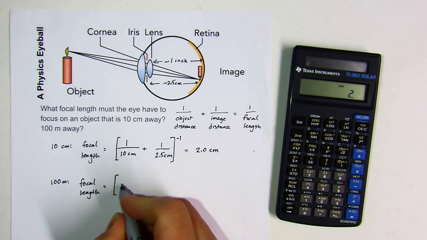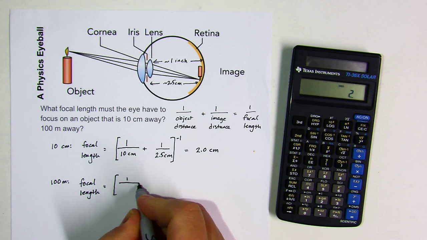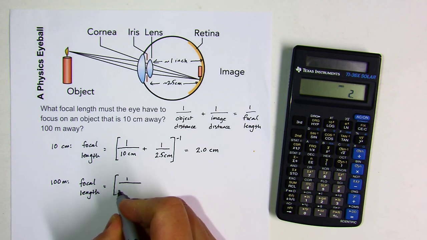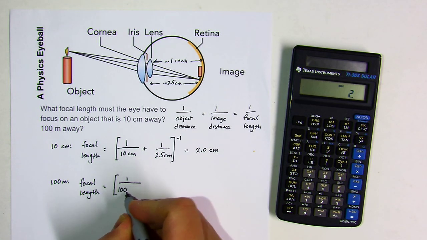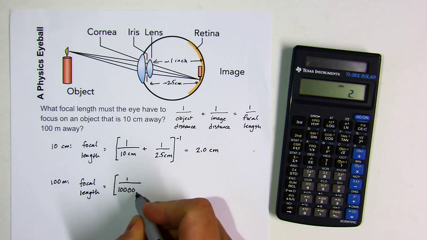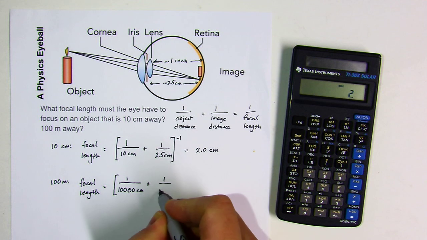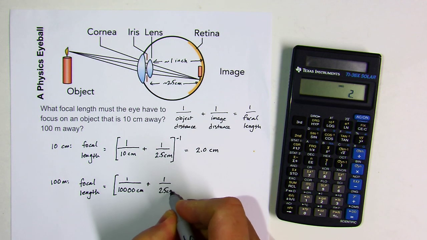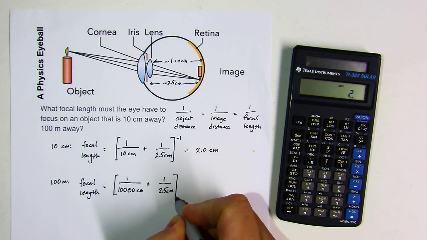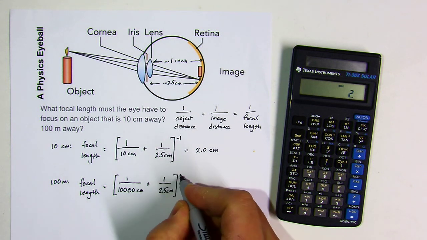What is it if I'm looking at something that is 100 meters away? Well, now my object distance is 100 meters, but since I'm doing everything here in centimeters, I'm going to convert 100 meters to centimeters times another 100, so 10,000 centimeters, plus 1 over 2.5 centimeters, the 1 over the image distance.